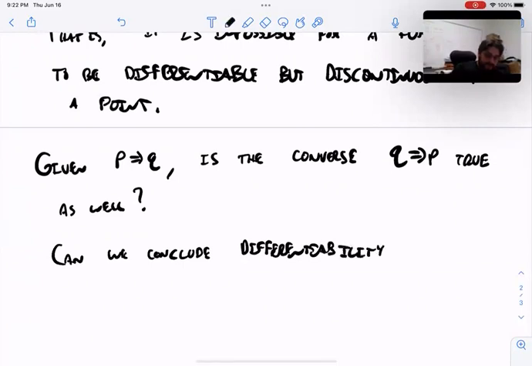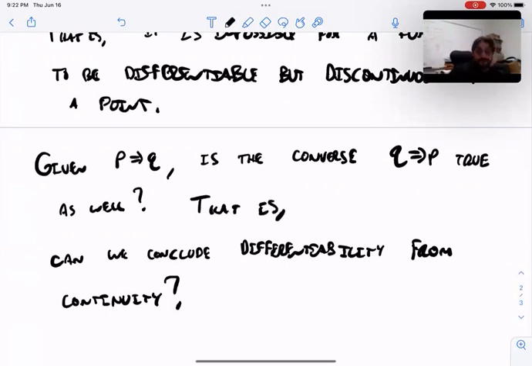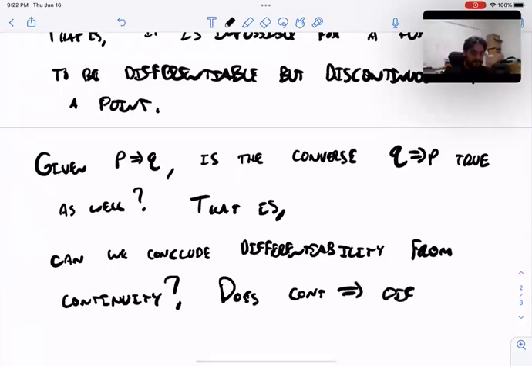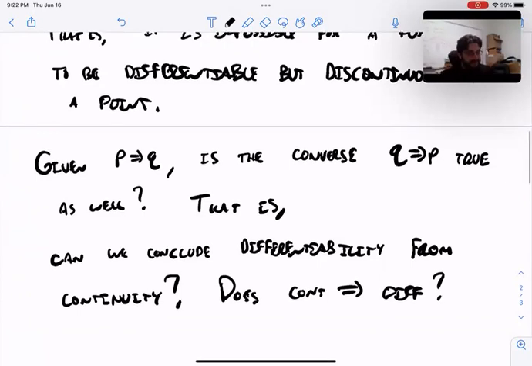That's another way to ask this question about the converse. Does continuous imply differentiable?